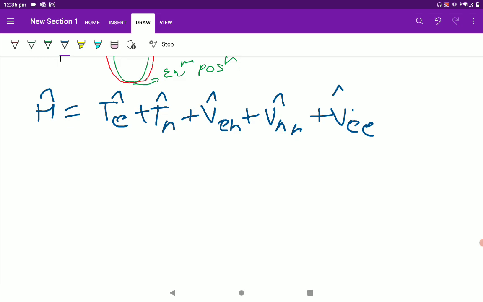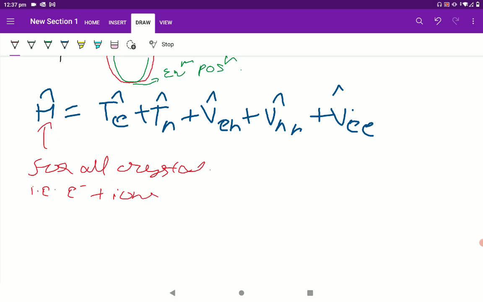So this is the Hamiltonian operator for the whole crystal, that is electrons plus ions.